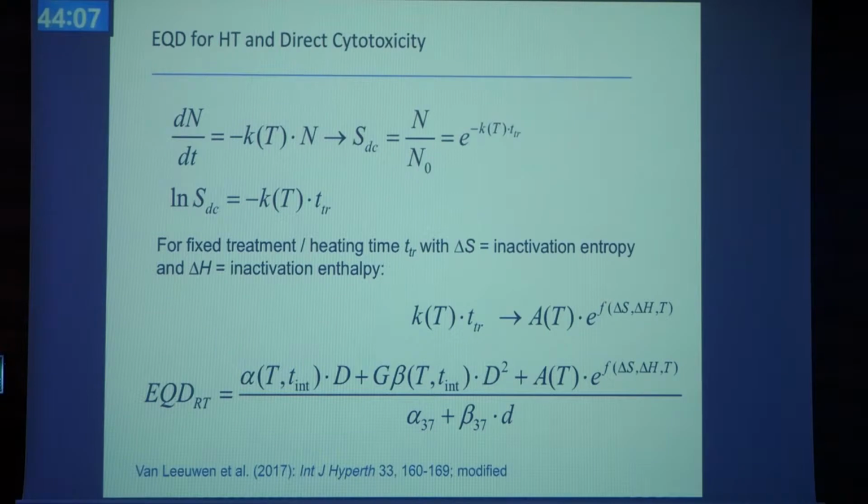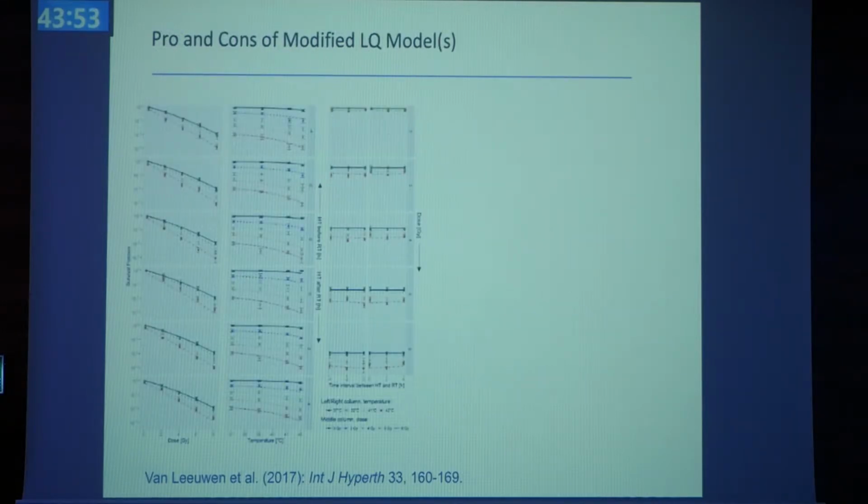And with that, you can go into the EQD concept, and you have a nice handy concept for calculating the EQD, including direct cytotoxicity. This is a nice thing as soon as you have data. For example, the Amsterdam people investigated a lot of cell lines in vitro, and this is a very nice publication giving an insight into different aspects of those heat and time gap dependences.